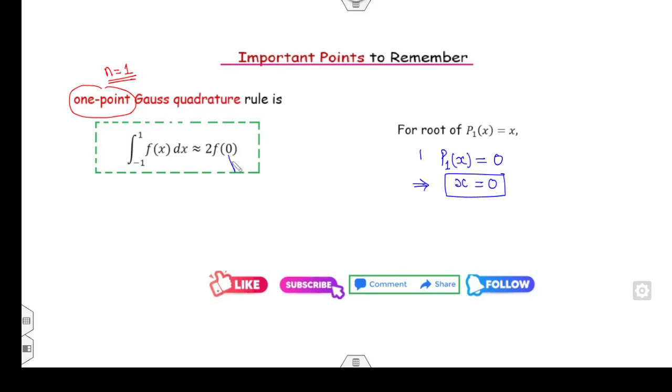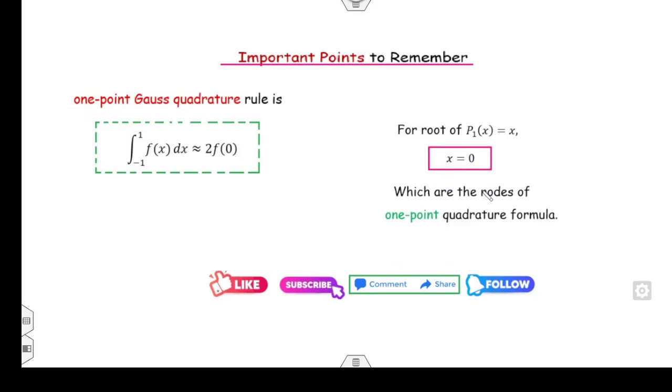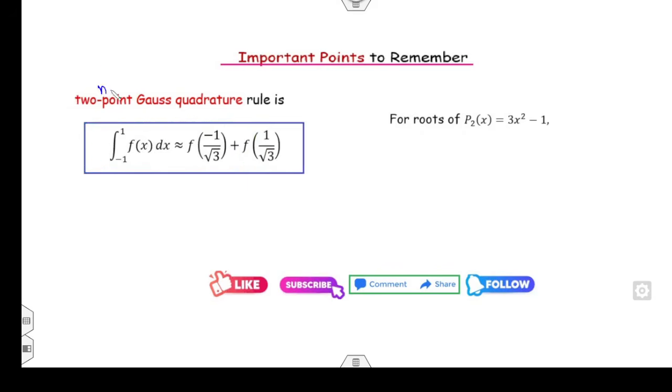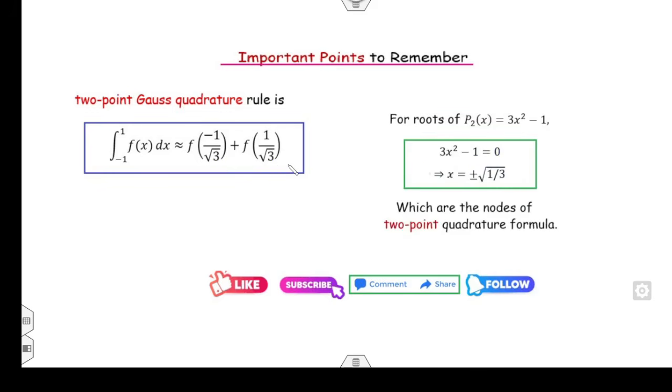Similarly, for the 2-point quadrature formula, n is 2, and p2 is 3x square minus 1. So can you find the roots? 3x square minus 1 is 0, which implies x is plus minus 1 over root 3. And you can see x1 and x2 are the roots, also called the nodes, of the 2-point quadrature formula.